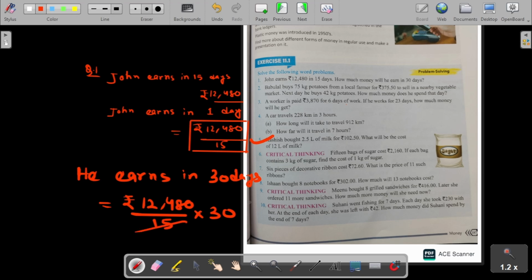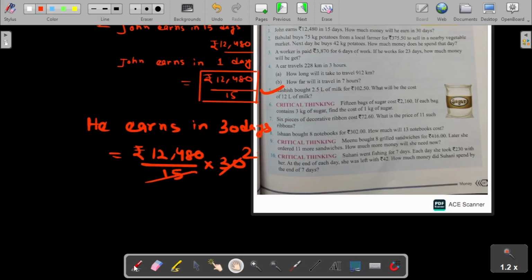Now from here 15 multiplied 2, this is equal to what? 30. So if I multiply this 2, then this becomes what? 2 multiplied with 0, this is equal to 0. And 8 multiplied to 16, so we'll write 6. And 1 is carry forward. So 4 multiplied with 2, 8 and plus 1, so 9. And 2 multiplied with 2, so 4. And 2 multiplied with 1, 2.